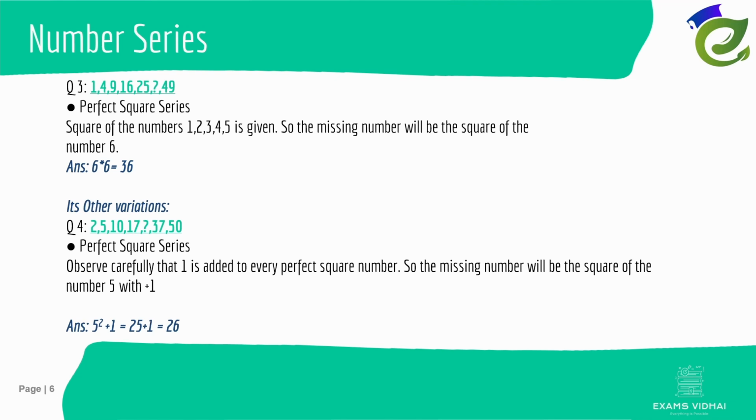So the missing number will be the square of the number 5 plus 1. See, here 2 is 1 square plus 1, 5 is 2 square plus 1, 10 is 3 square plus 1, 17 is 4 square plus 1. So our next answer will be 5 square plus 1, that is 25 plus 1 equal to 26.